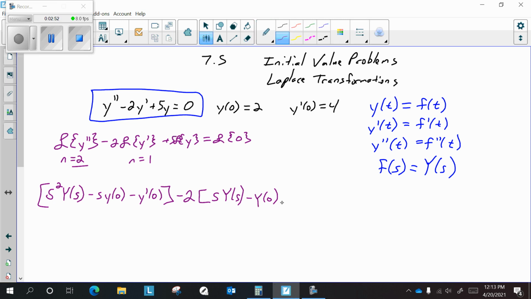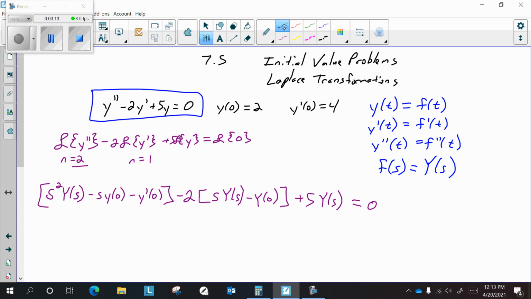We don't have another term because this gets us down to no s's. We're not going to do negative s's, so there's no y prime here. And then when we simply transform y, that transforms to big Y of s. And on the other side, when we transform 0, it's still 0.